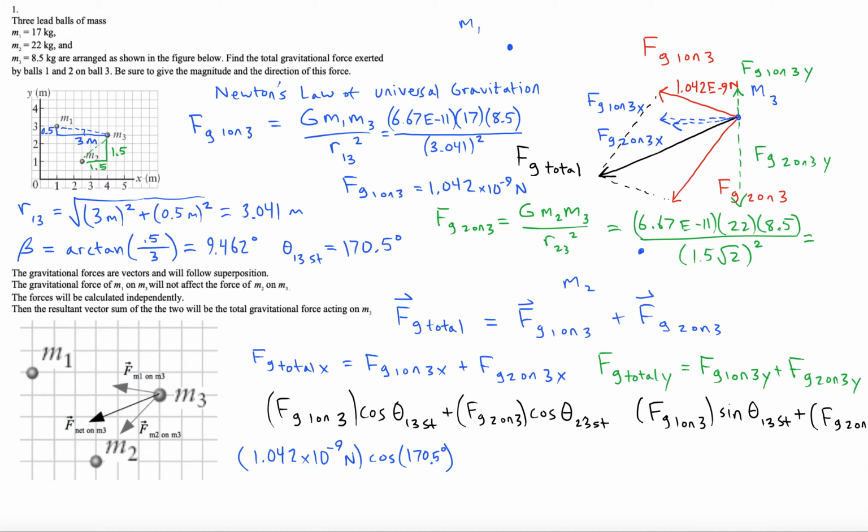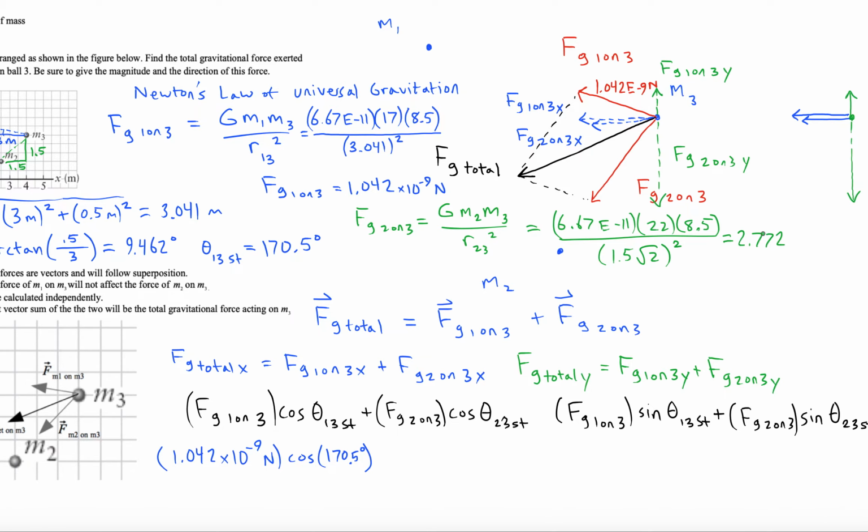Let's see what we get. .772 times 10 to the minus 9 newtons. All right, so what we'll do is we'll plug that magnitude in here.